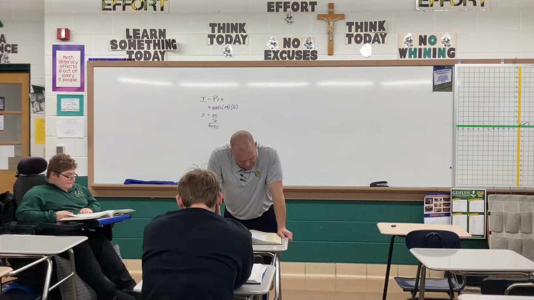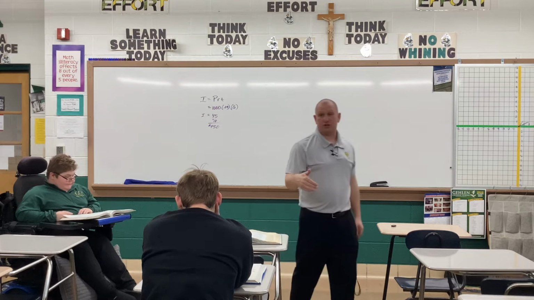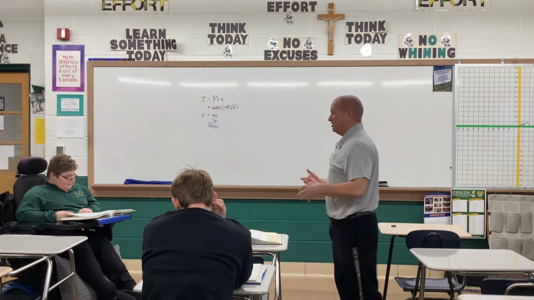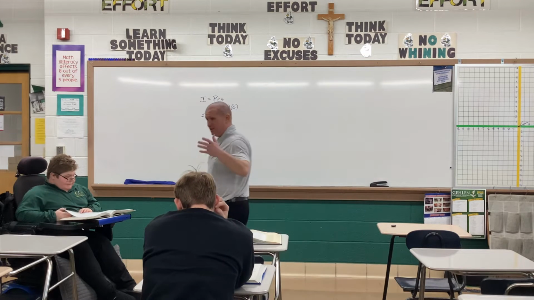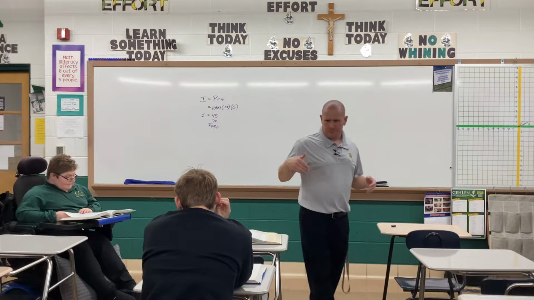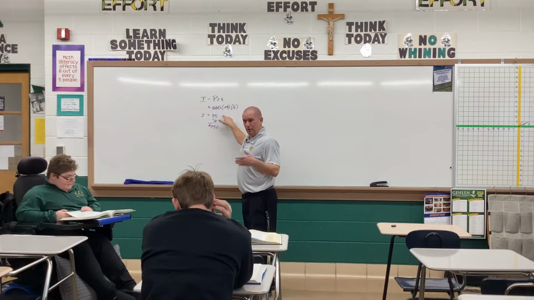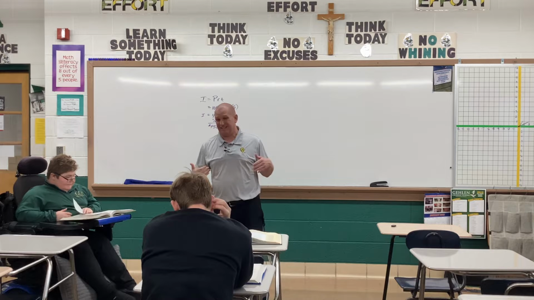The next part of this is bond yields. If you're talking about a yield, they're basically talking about a percentage. Anytime that you hear a yield, you're talking about a percentage. It's basically saying they want you to figure out what percent you're accumulating interest at.